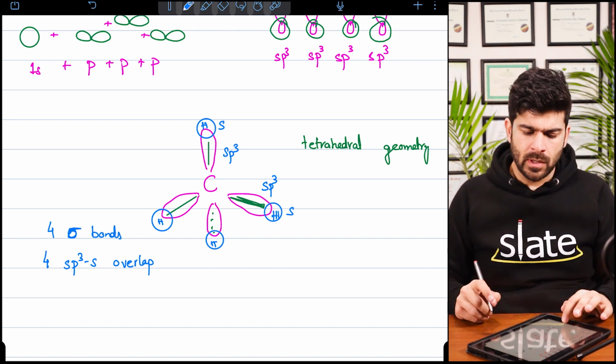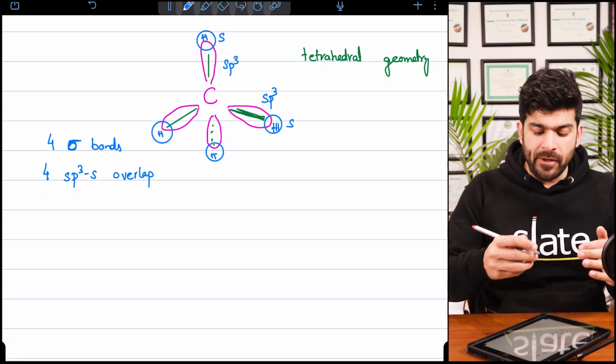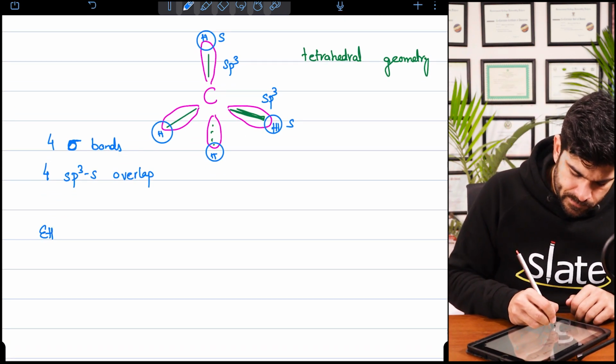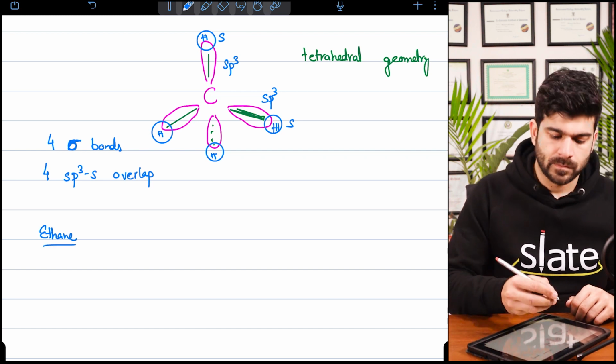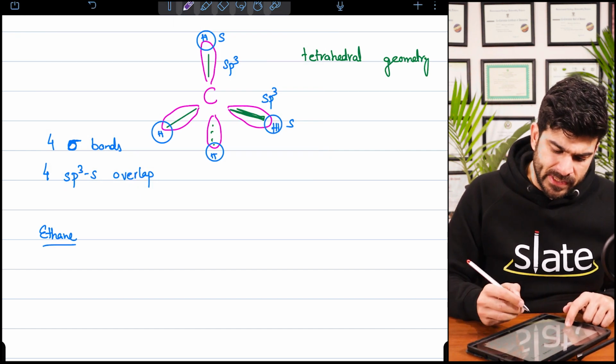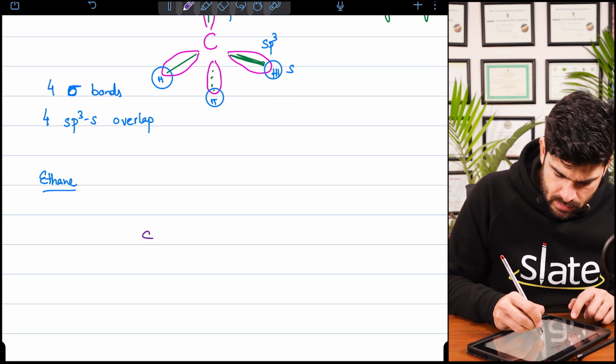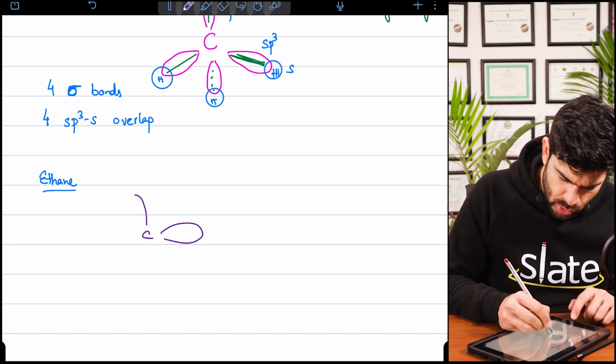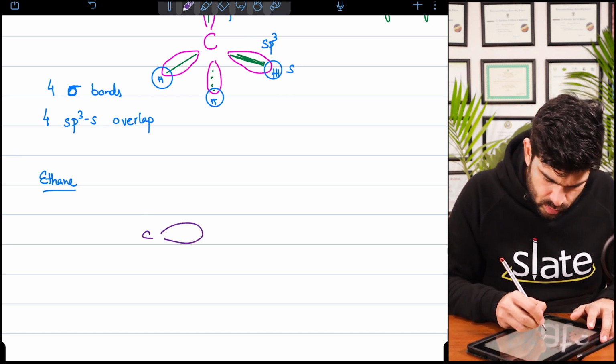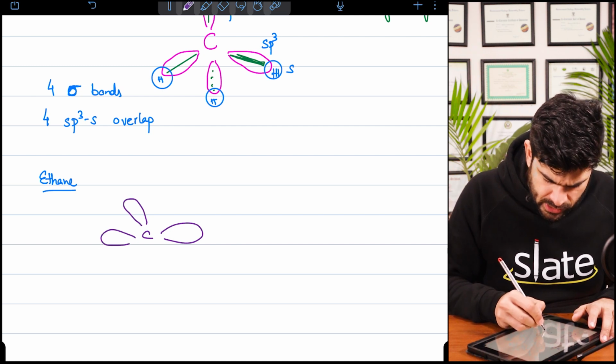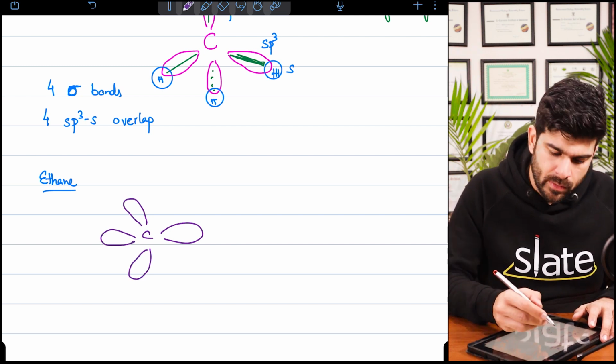That's one example. Likewise, if we make ethane, let's make the same carbon. 1, 2, 3, 4.